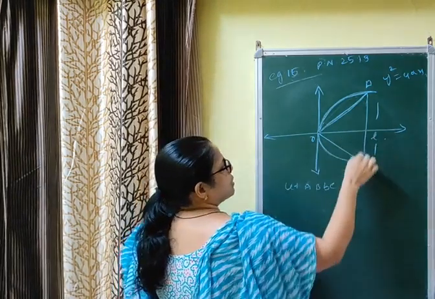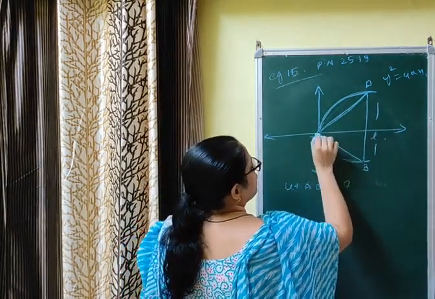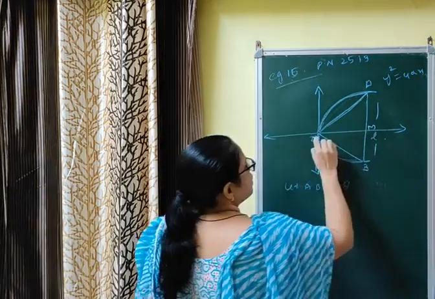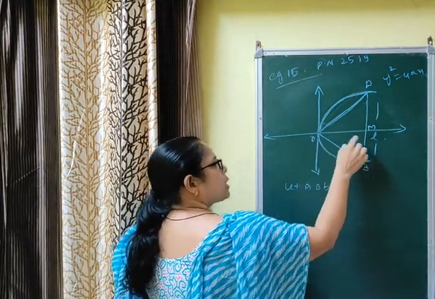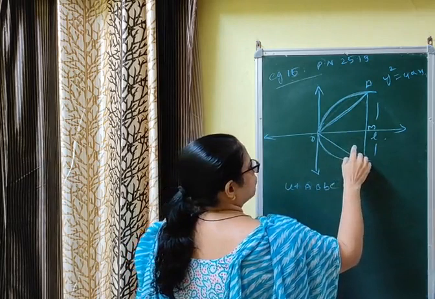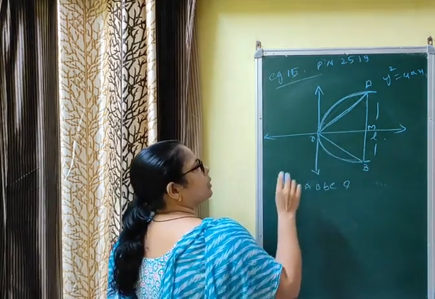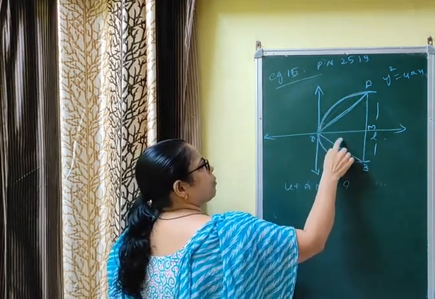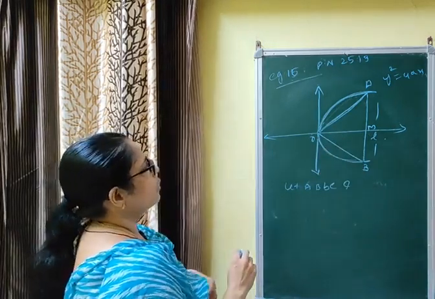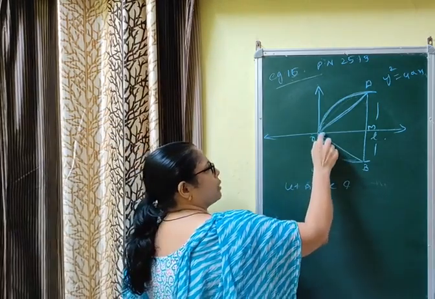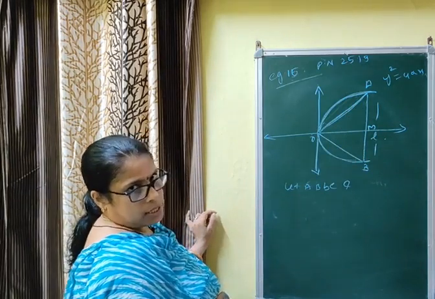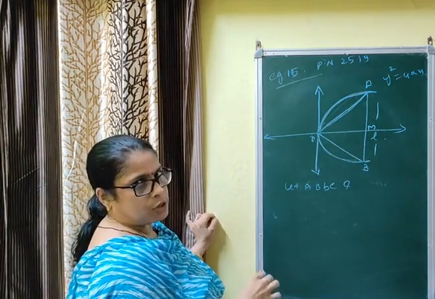Let this point be M. OM is the perpendicular bisector, and in an equilateral triangle the perpendicular bisector, angle bisector and altitude are all the same.